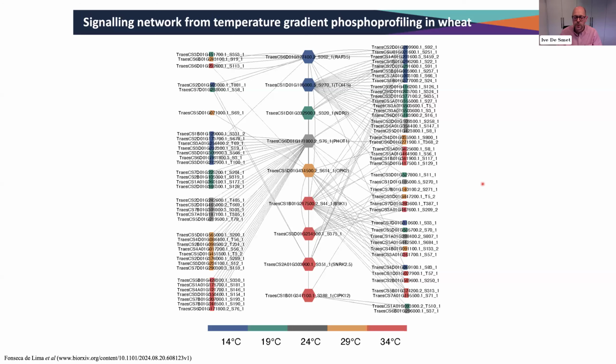So this allows us to identify the key components that control these growth responses at each of these individual temperatures, which either have a positive role in growth promotion at mildly elevated temperature, or a more repressive role at the colder or the extreme high temperatures.